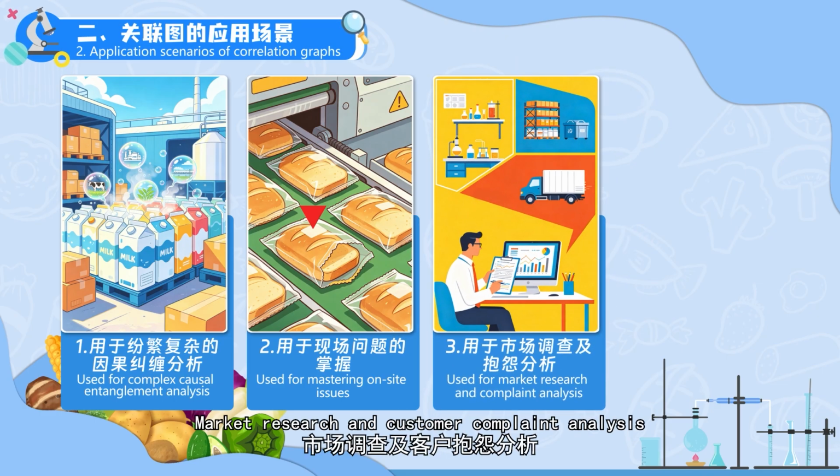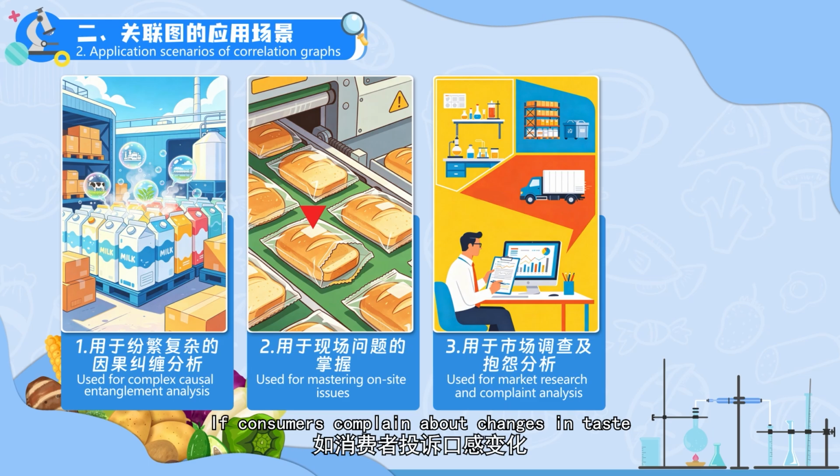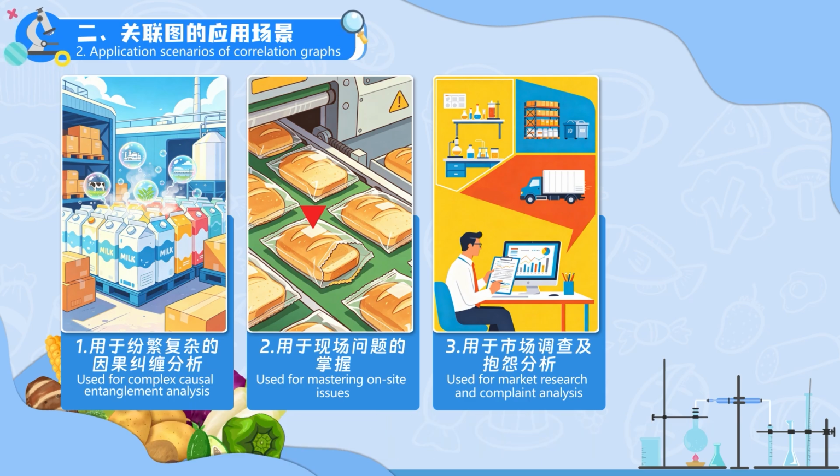Third, market research and customer complaint analysis accurately identify the core reasons for customer dissatisfaction. If consumers complain about changes in taste, the underlying reason may be the accumulation of multiple links, such as formula, storage, and transportation.